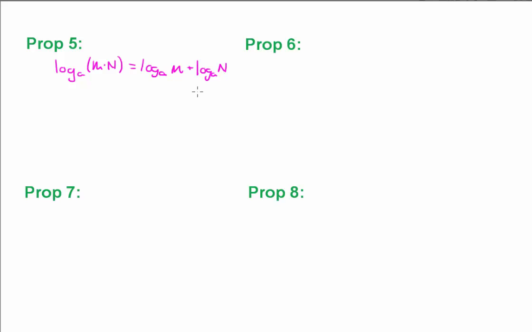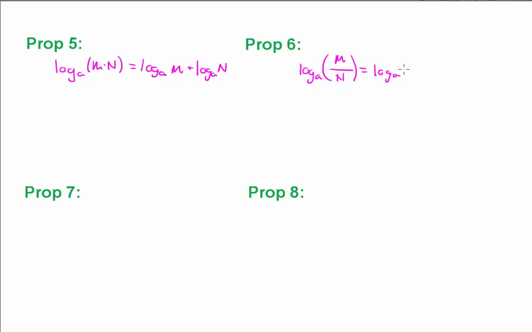Similarly, with property number 6, you have log base a of m over n. So now we're looking at division. And you could probably guess, based on property number 5, that if we want to expand this over multiple logs, so that each variable in that division has its own log, the division becomes subtraction.